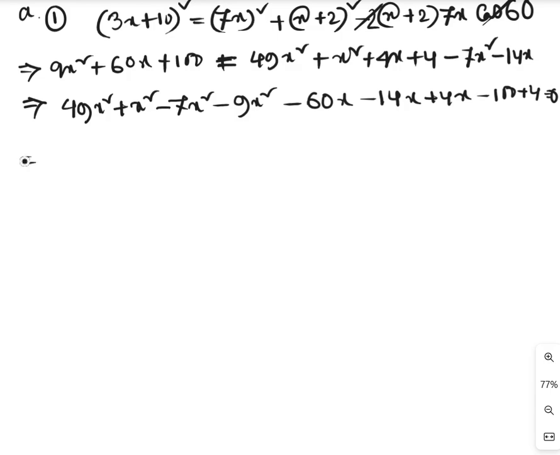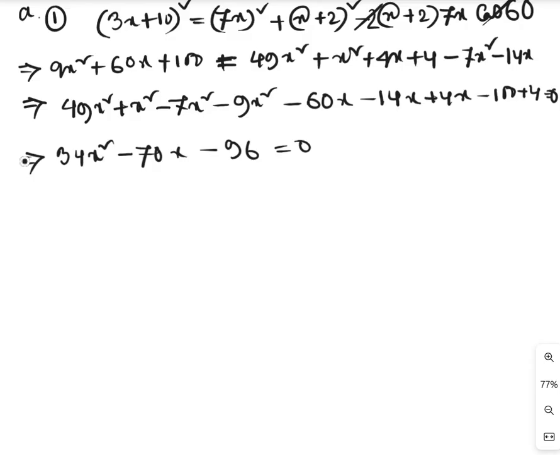Now let's simplify here. It will become 34x square minus 70x minus 96 is equals to 0.